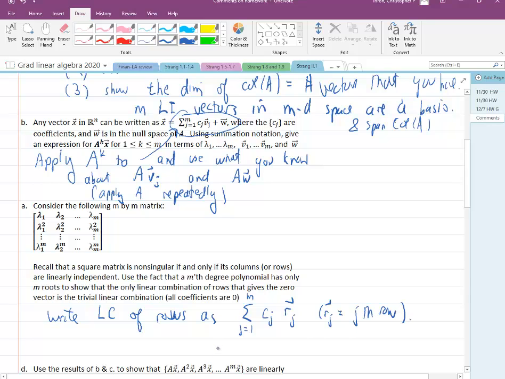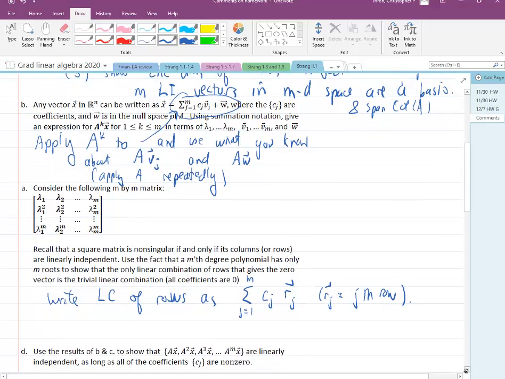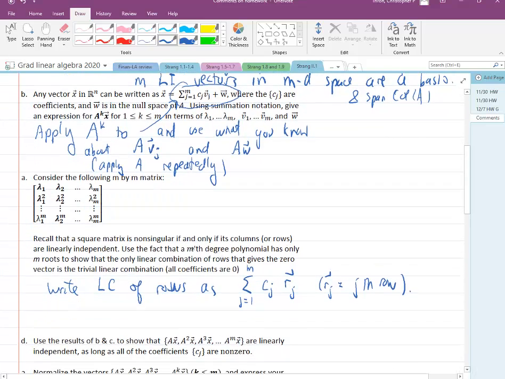Now remember, to show that this is linearly independent, what you need to look at is a linear combination set equal to 0. So we want to show that this linear combination is only 0 if all the cj's are 0.